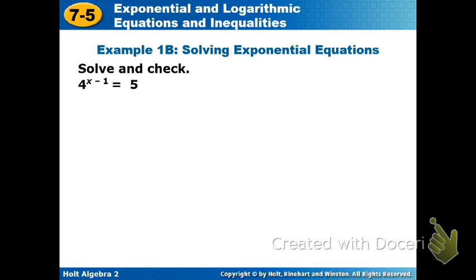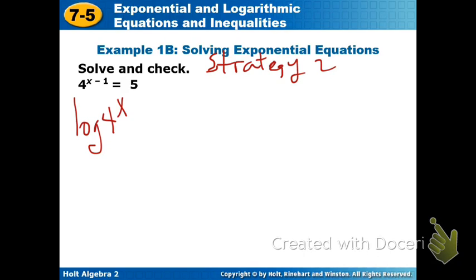Okay, so in this case, we're going to be forced into our strategy 2. Strategy 2, remember, is what we did on the warm-up. We're going to take the log of both sides. So let's do that. So we're going to have log of 4 to the x minus 1 equals log 5.